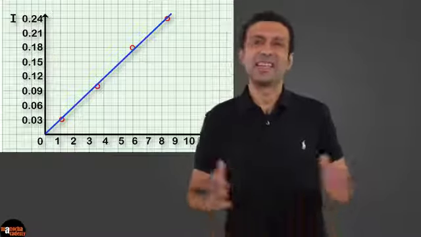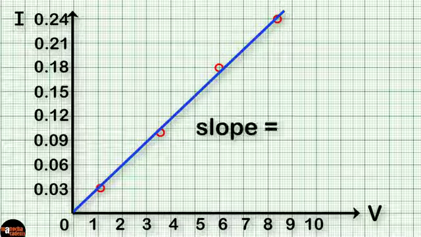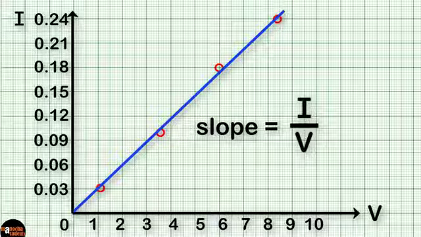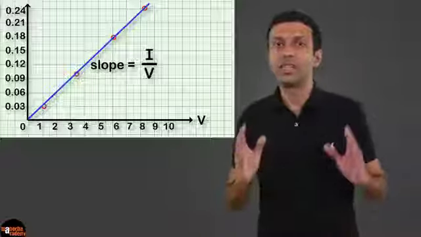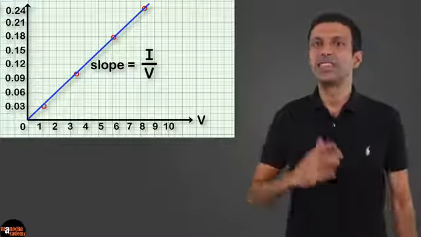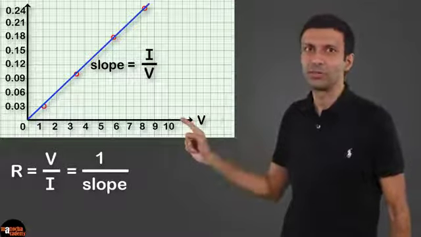Can we also calculate the value of the resistance directly from the graph? Yes. Remember, the slope of a graph is change in y by change in x. So the slope of this graph will be I by V. But resistance is defined as V by I. So resistance R will be 1 by the slope of this graph.